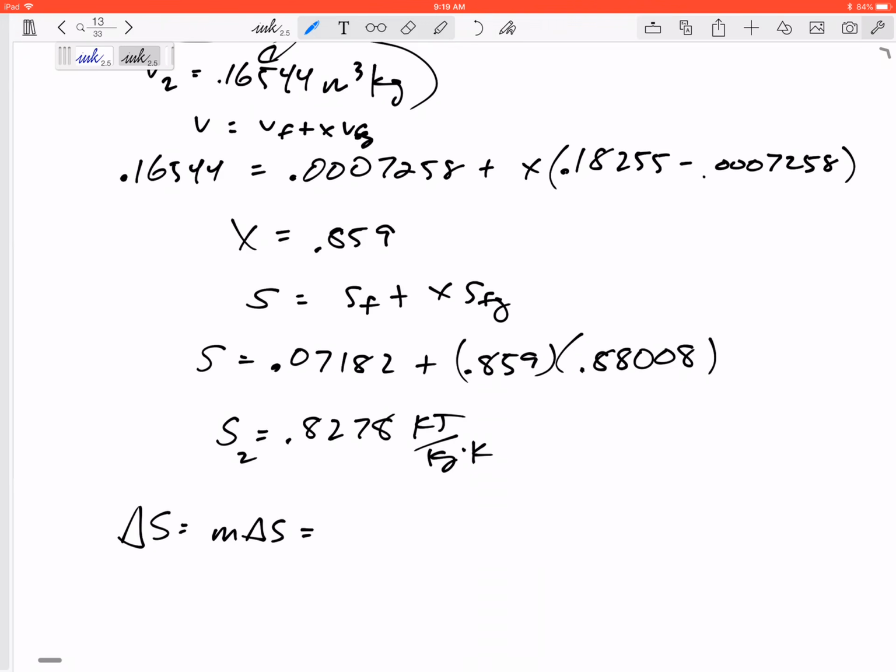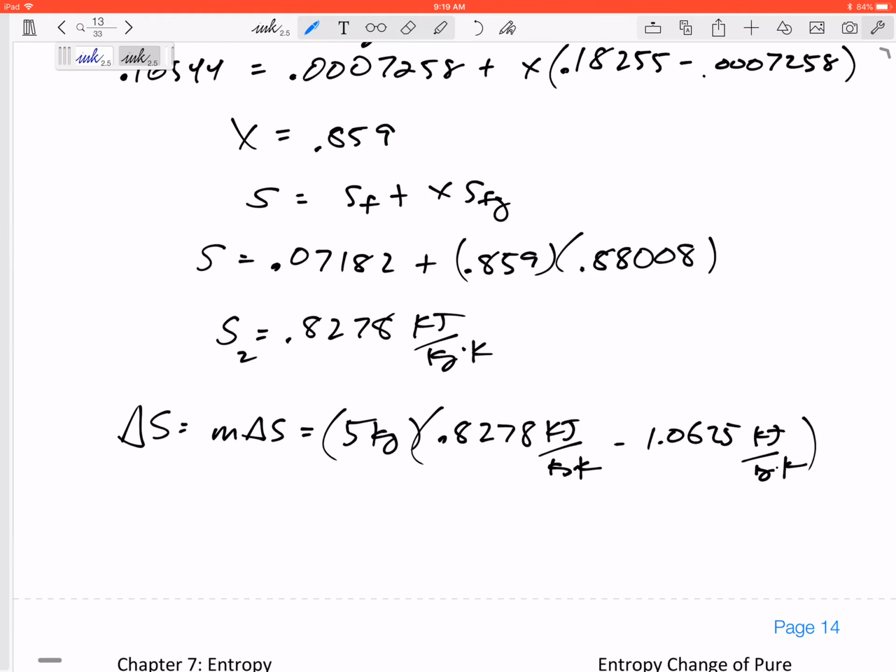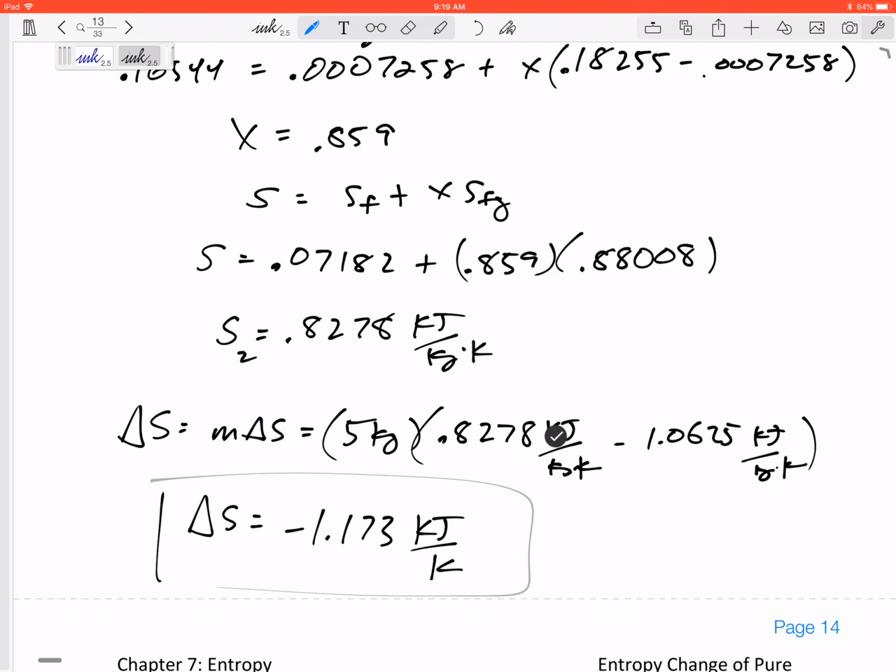So delta S would be 5 kilograms times 0.8278 kilojoules per kilogram K minus 1.0625 kilojoules per kilogram K. And so delta S is negative 1.173 kilojoules per K. Is it okay that it is negative?